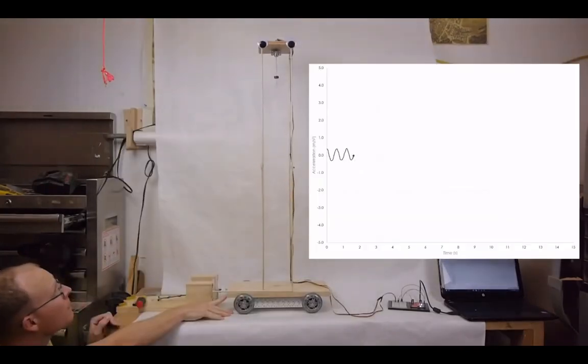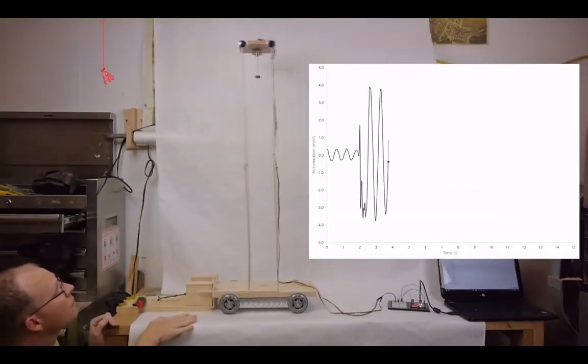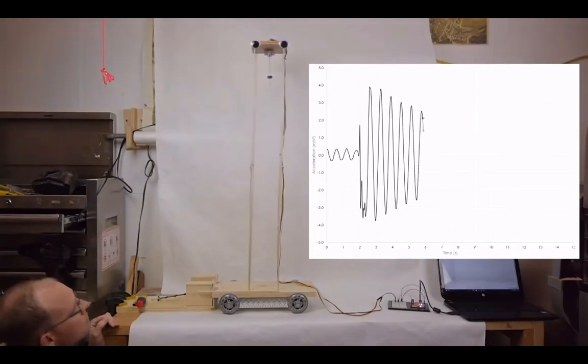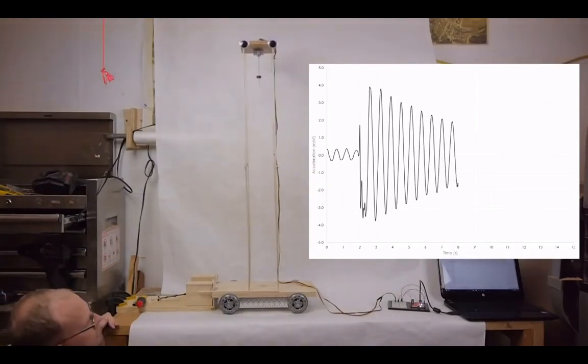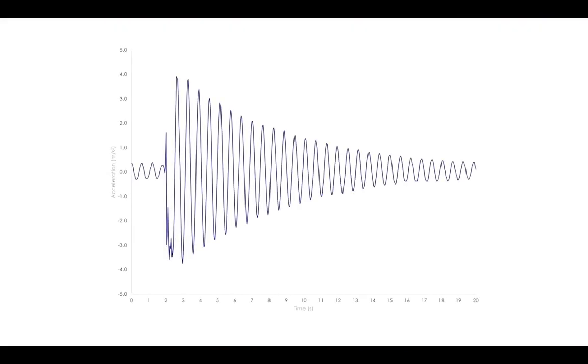If I lock the pendulum and set the building swaying, we can get a sense of how it would perform with only the building's own natural damping. Plotting the acceleration response, we can see that the model experienced a maximum amplitude of about 4 meters per square second, or half a g, with a period of 0.6 seconds.